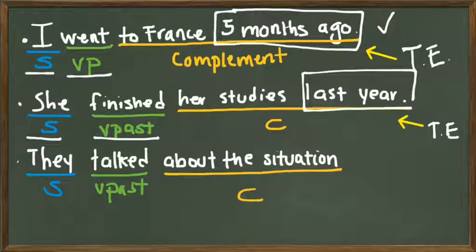In the third example, they talked about the situation. We have our subject, our verb in past, and our complement. And as you can notice, there is no time expression, but the complement completes the idea.